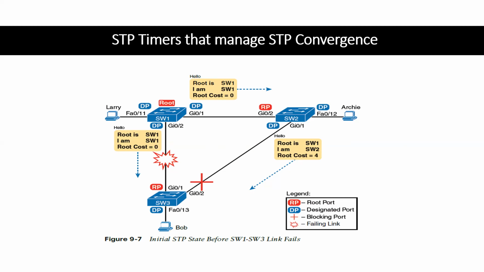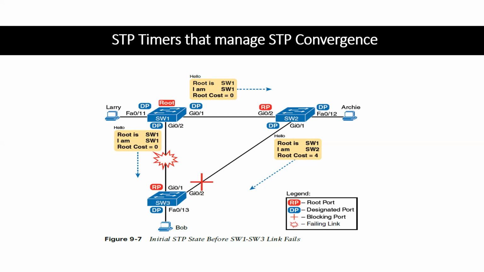If it does not receive enough hellos before that timer expires, spanning tree will begin its algorithm again, perform that computation, try to find a new root port, and decide where to block, et cetera.